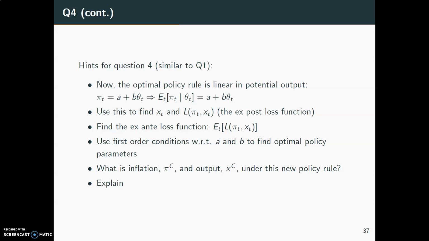Explain. Again, you should just follow the steps that you also followed in question 1, but you should notice that the candidate now doesn't have a parameter that controls the effect of supply shocks on inflation and money growth. Okay.